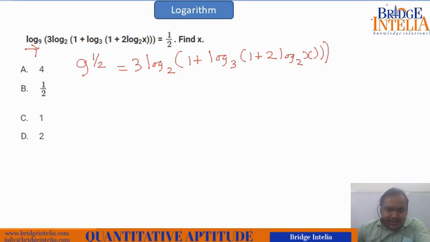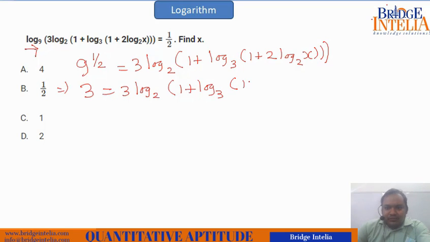So this 9 raised to the power half must be equal to the remaining portion. It means 9 raised to the power half means square root of 9. So 3 is equal to this much, is equal to 3 log 2 [1 plus log 3 of 1 plus 2 log 2 of x].